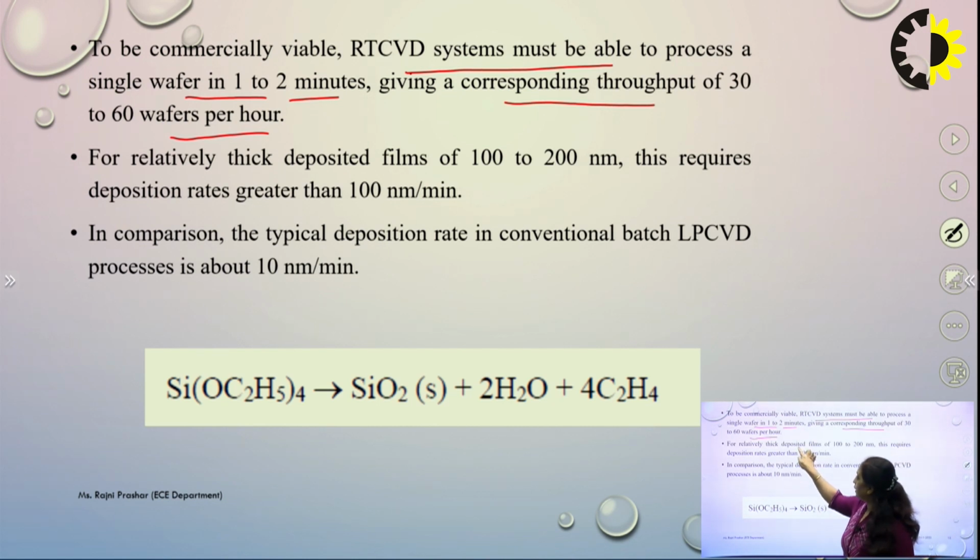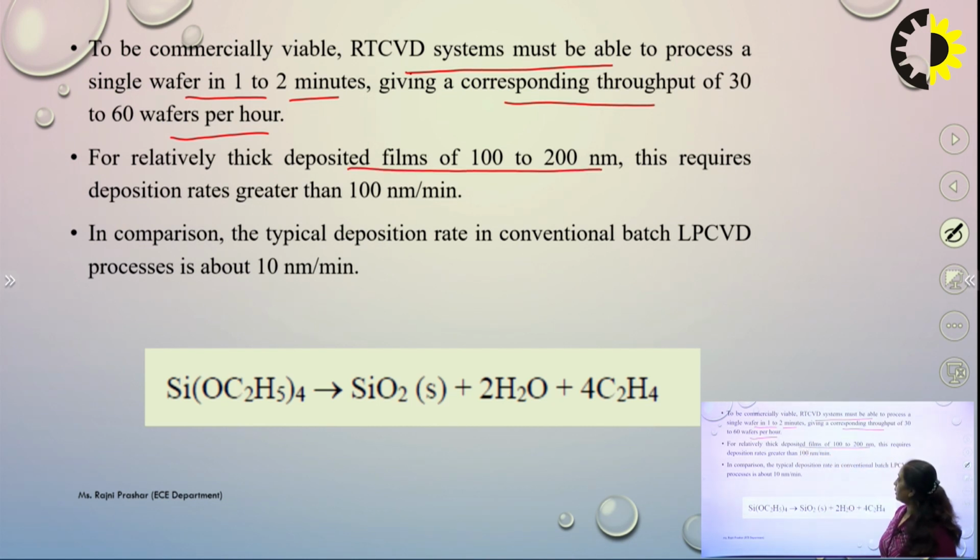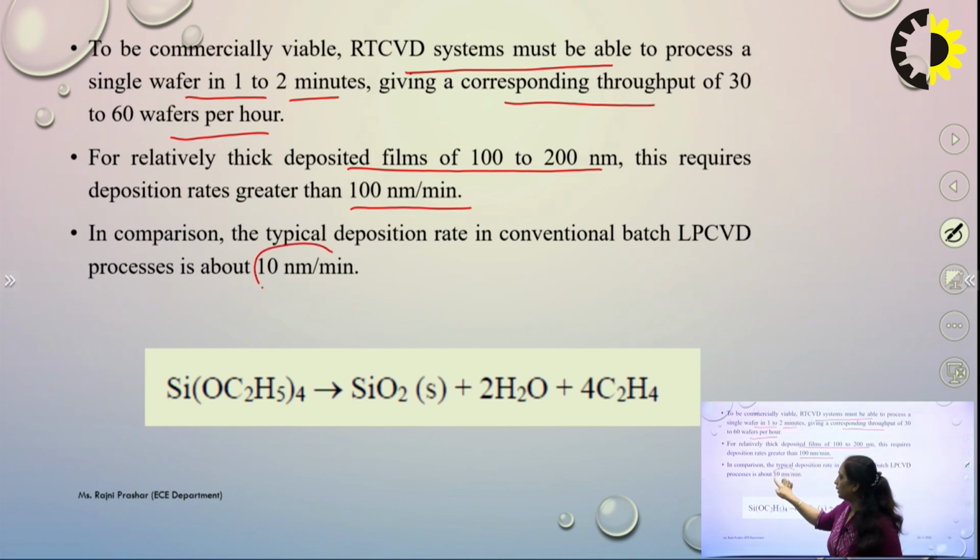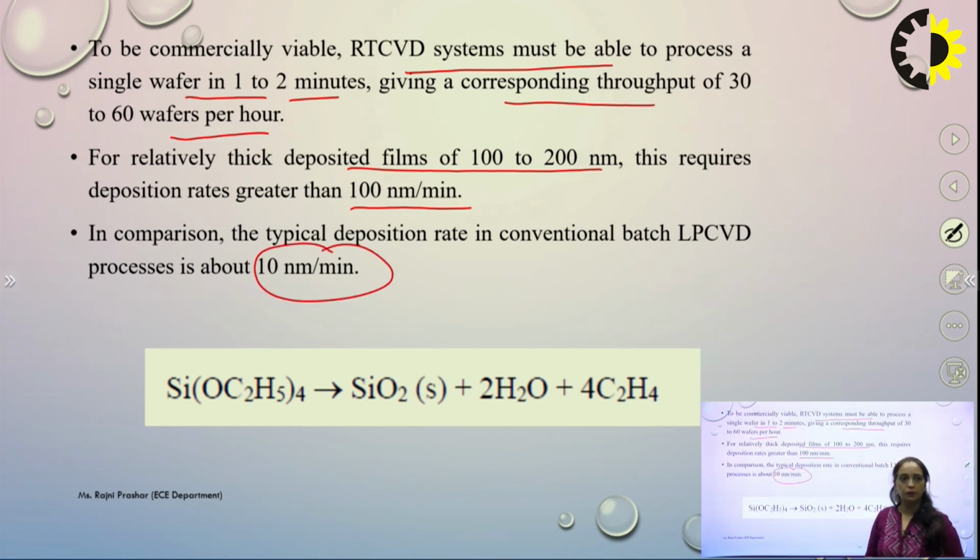For a relatively thick deposit of film, that is 100 to 200 nanometers, the deposition rate should be greater than 100 nanometers per minute. In comparison, the typical deposition rate in LP-CVD was only 10 nanometers per minute. So the deposition rate and throughput are increased with the help of this single wafer reactor chamber.